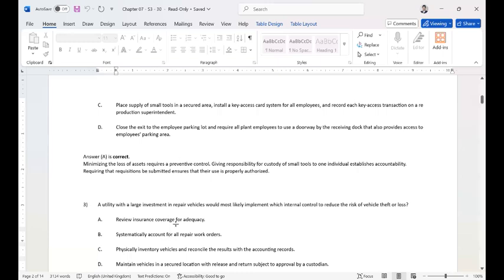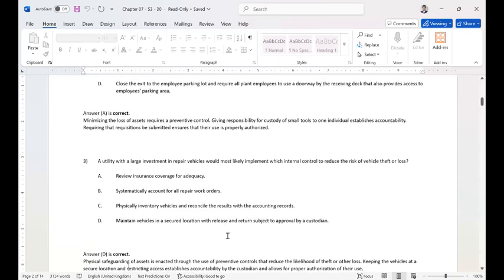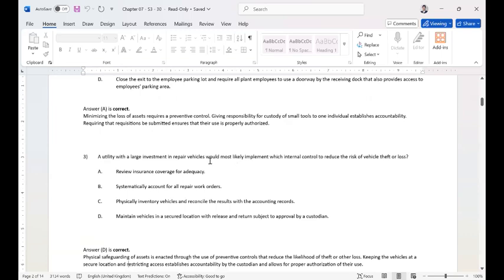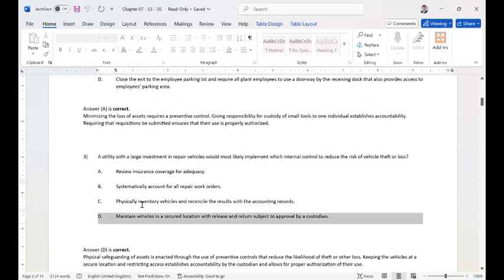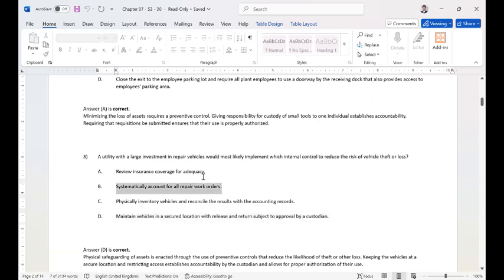B. D. A utility with a large investment in repair vehicles would most likely implement which internal control to reduce the risk of vehicle theft? Maintain vehicles? So that makes sense, no? Systematically accounting for all repair work orders won't protect the vehicles from theft.